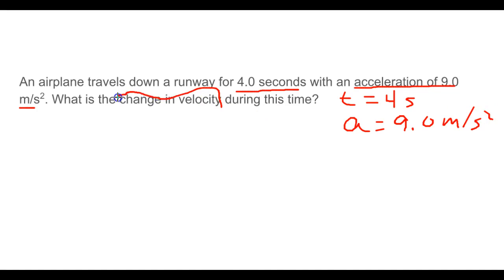So what I don't know is the change in velocity. So I'm not looking for one velocity. I'm looking for that change. So if I go back to my equation, the parts that I know are my acceleration, and I know my time.